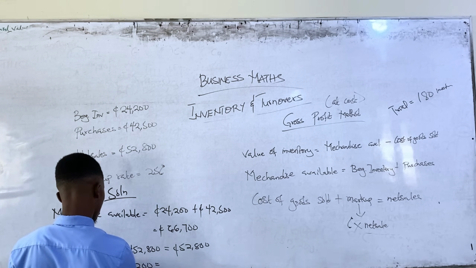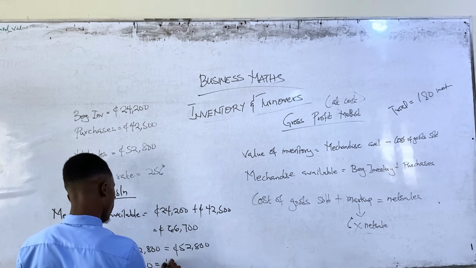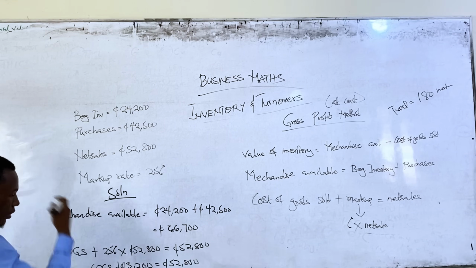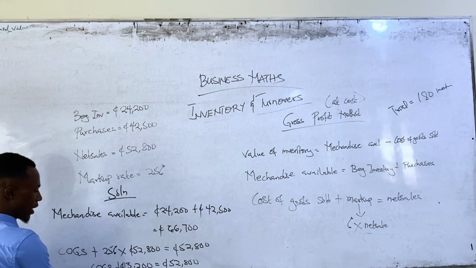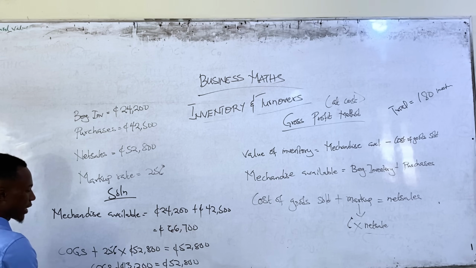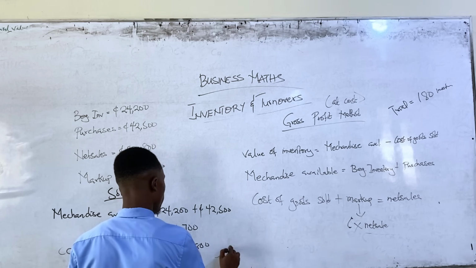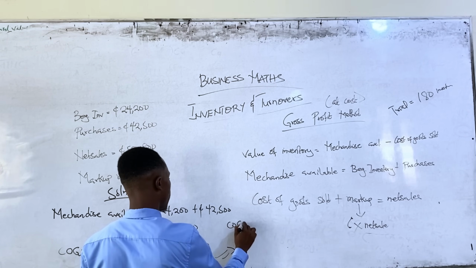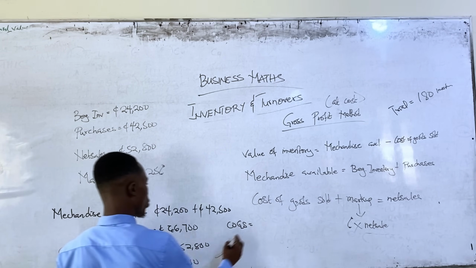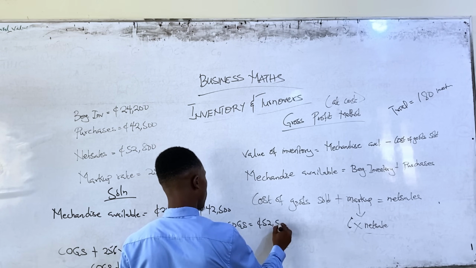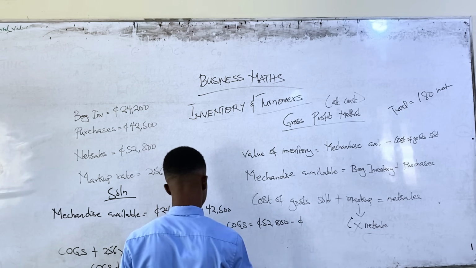So since we have this, we can send it across the equal sign. So we have COGS equal to 52,800 minus what?